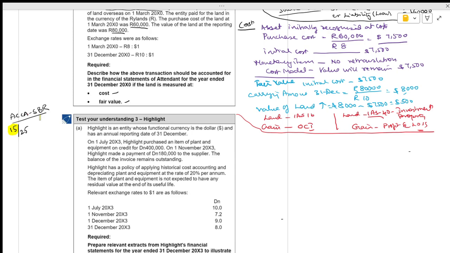I am following the Kaplan. First we'll do the study text. Once the concepts are clear, you can do the problems as much as you wish, but most importantly the concept has to be clear.